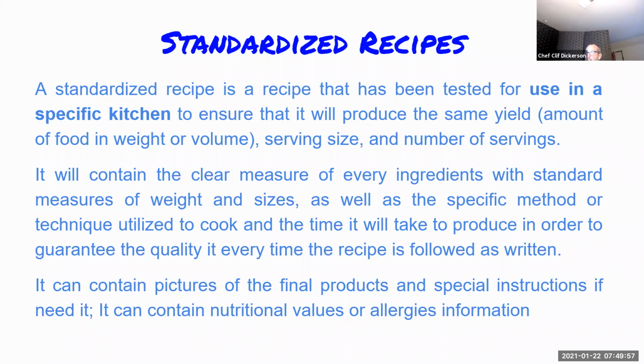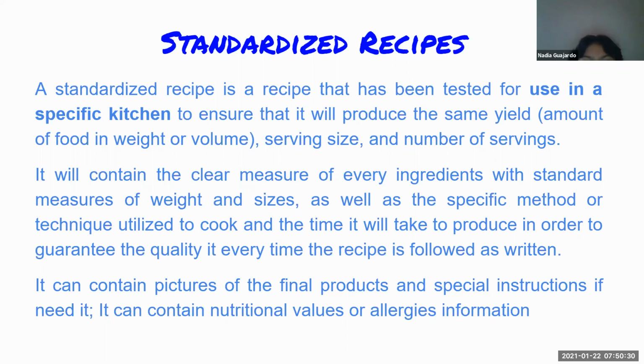Do you mind reading this? A standardized recipe is a recipe that has been tested for use in a specific kitchen to ensure that it will produce the same yield, amount of food in weight or volume, serving size, and number of servings. It will contain the clear measure of every ingredient with standard measures, weight and sizes, as well as the specific method or technique utilized to cook and the time it will take to produce, in order to guarantee the quality every time the recipe is followed as written.